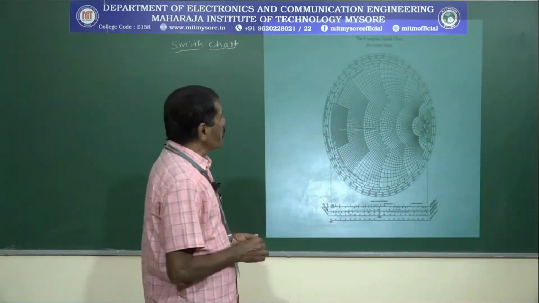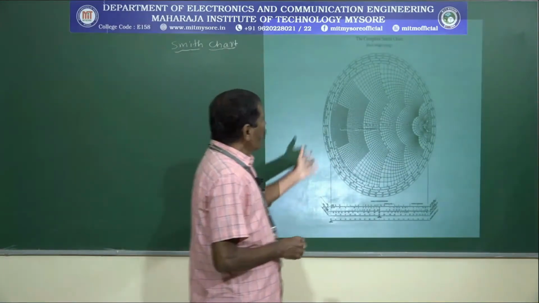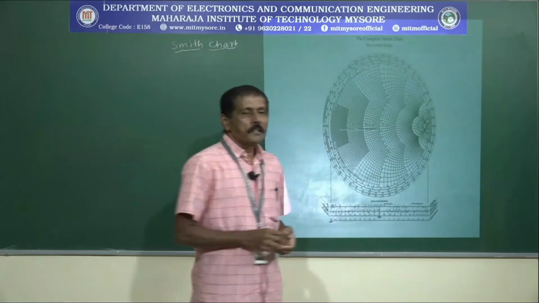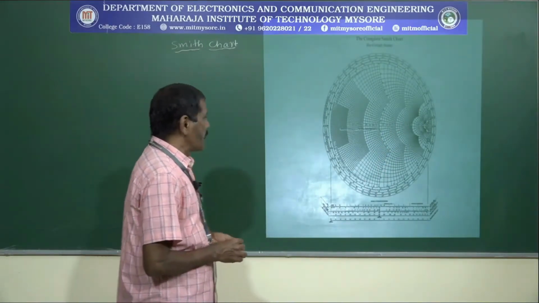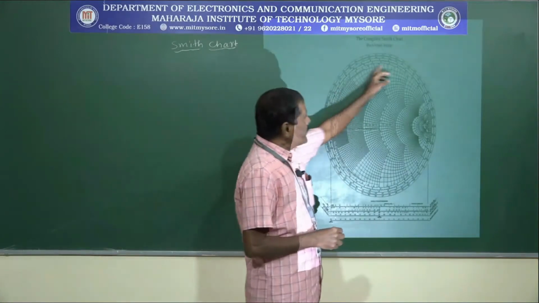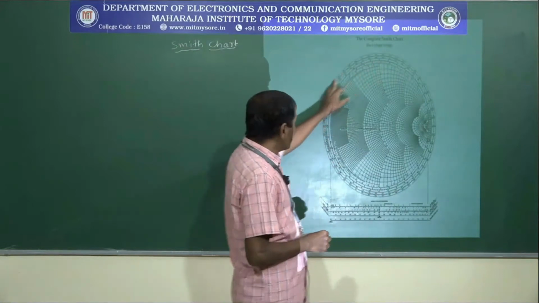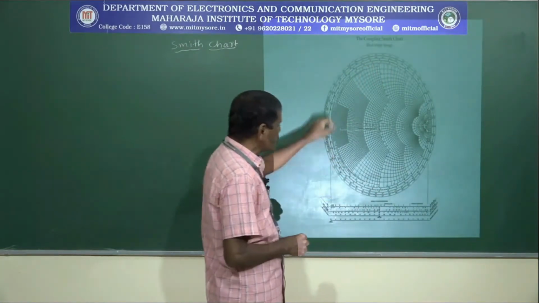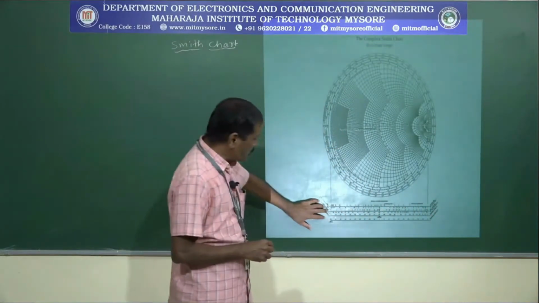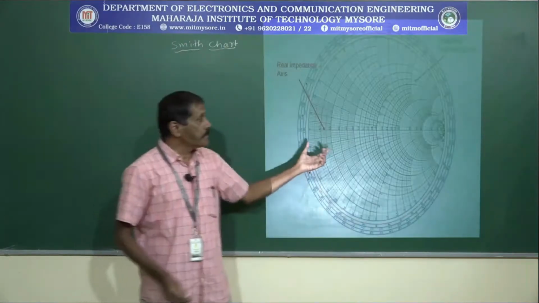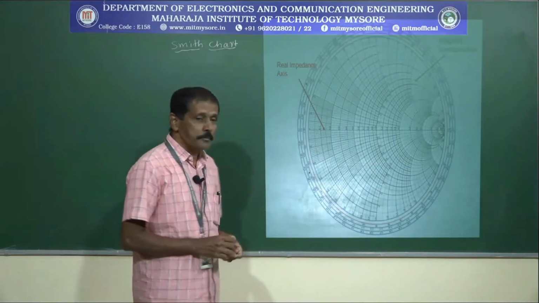If you look at this figure, it looks too complicated. On this Smith chart, we analyze the transmission lines, and the various values have been marked on these circles, and the various parameters are also present on the horizontal lines. Let us see the enlarged view of this Smith chart.